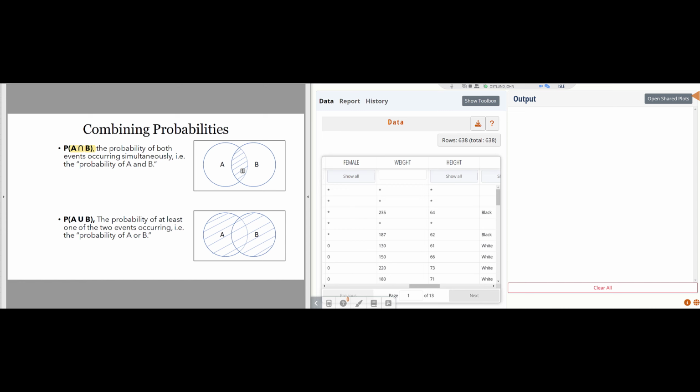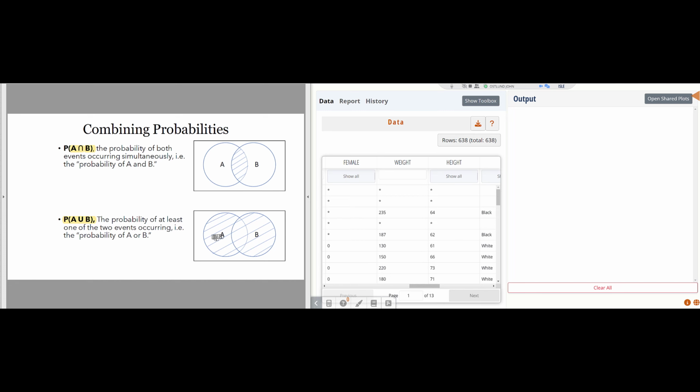In the intersection here, we have men that are taller than 6 feet. Okay? Now, the union symbol would indicate, all right, what is the probability when we select someone at random that this person is a man or that this person is taller than 6 feet?